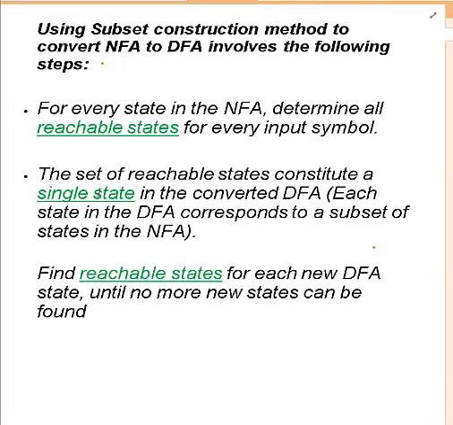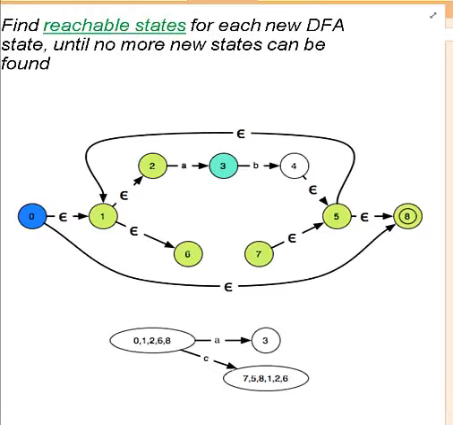Now there may be a set of reachable states which constitute a single state, a compound state, in the converted DFA. So each state in a DFA corresponds to a subset of states in the NFA. We'll see this more in an example, but let me give one example to comprehend. Look at this example.